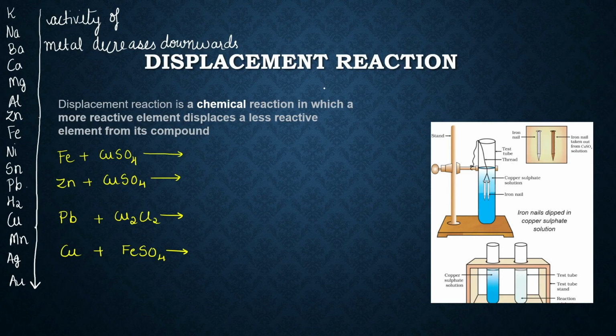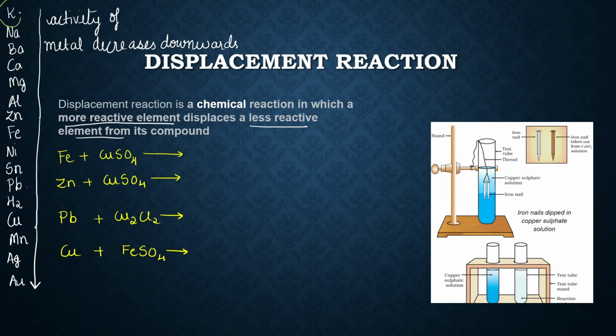Now let's move to the next topic, the displacement reaction. A displacement reaction is a chemical reaction in which a more active element displaces a less reactive element from the compound. How do you know which element is more reactive and which is less? For that, I have mentioned the activity series for you here. As you move down, the reactivity of the metal decreases.